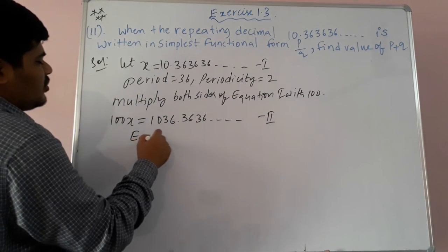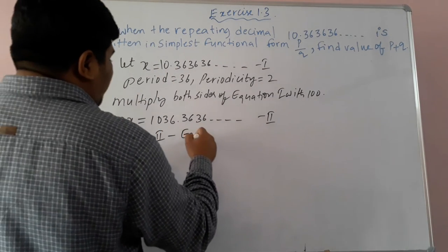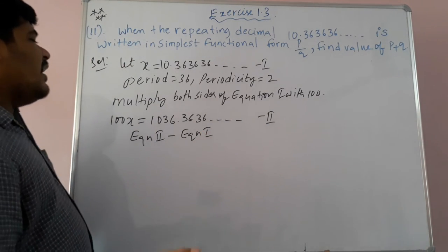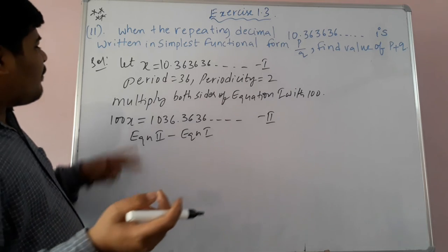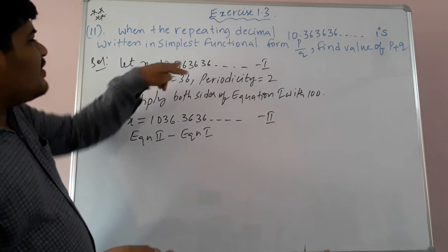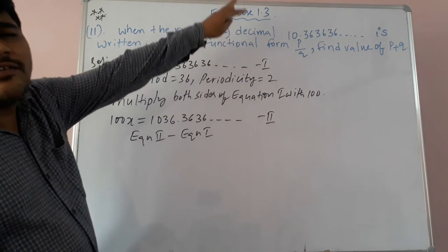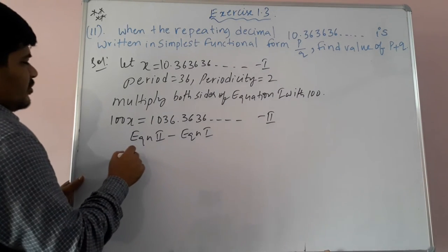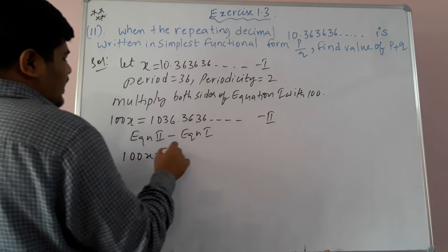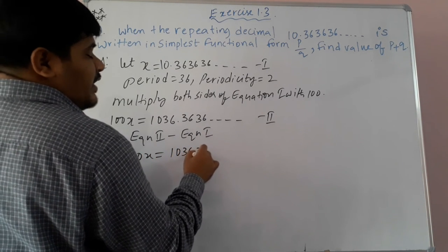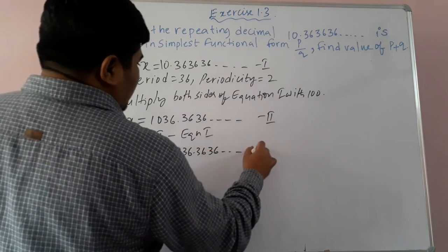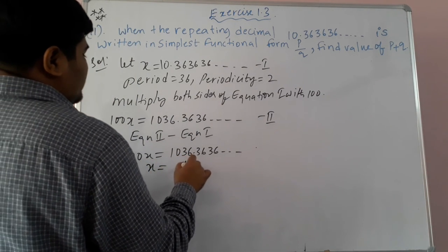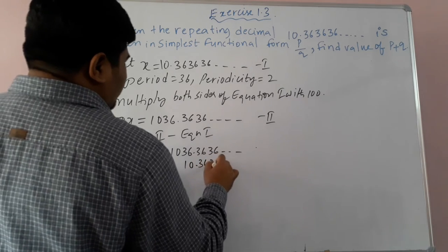Now equation 2 minus equation 1. We are subtracting equation 1 from equation 2. Why? By subtracting we will get the x value, x is nothing but 10.363636 and so on, and we will get it in p by q form, children. Okay. So equation 2 is 100x is equal to 1036.3636 and so on. And x is equal to 10.3636 and so on, children.